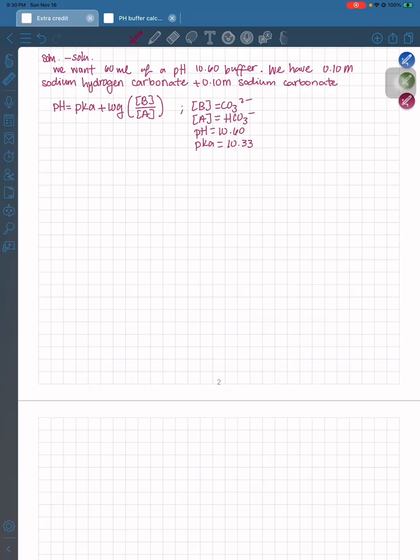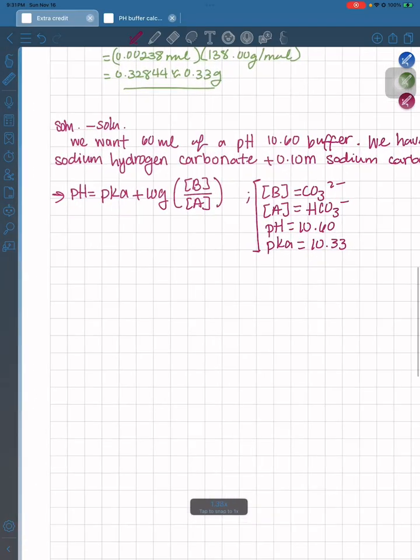We have 0.10 molar sodium hydrogen carbonate and 0.10 molar sodium carbonate. And again, I'm gonna use the Henderson-Hasselbalch equation, which is written right over here, and I also wrote down what each one is and what they mean. So I'm just gonna go ahead and plug them in.